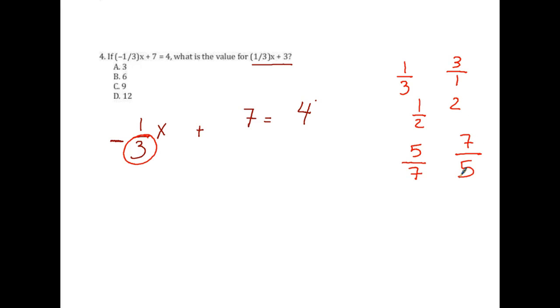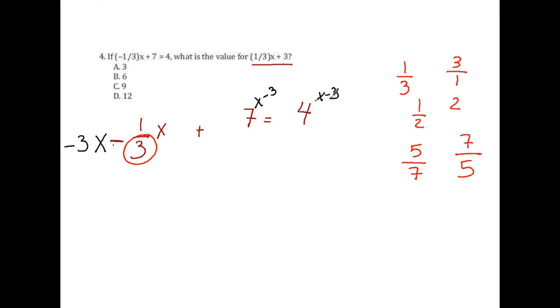So, I'm going to multiply the whole equation by 3. Or you can multiply by negative 3 to get rid of that negative. So either way, it doesn't matter. So, I'll multiply by negative 3 just to get rid of the negative at the same time. But then you have to multiply everything by negative 3 to keep the equation balanced.